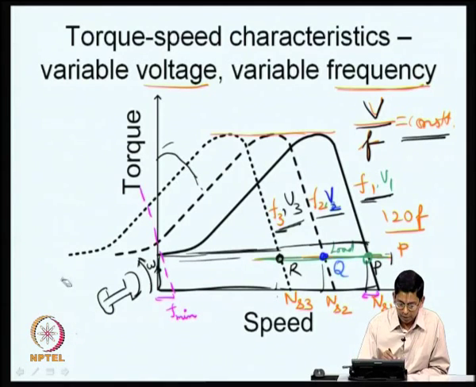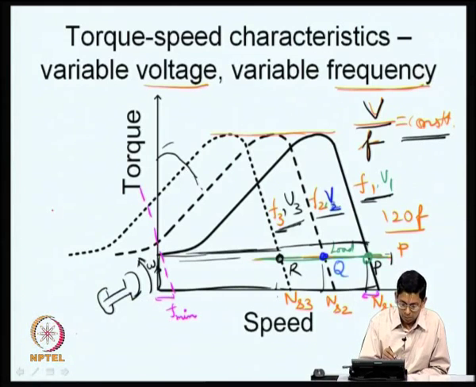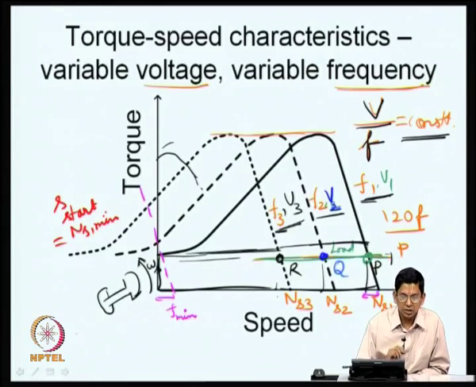My slip at start is going to be this F minimum corresponds to a certain NS minimum, this is NS minimum, and what is N? N is now 0 and I can come up with whatever is my NS minimum.